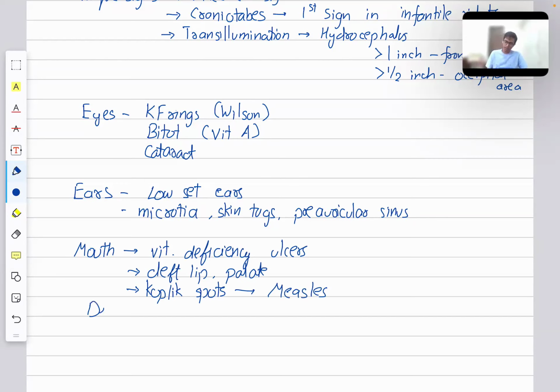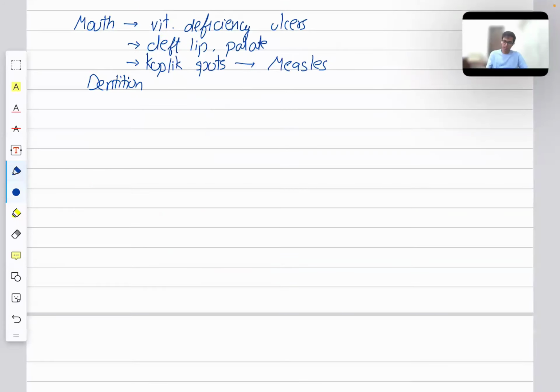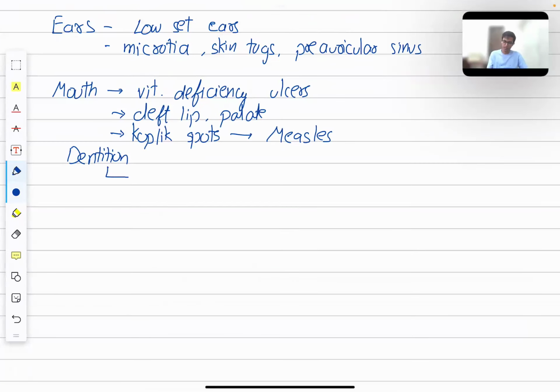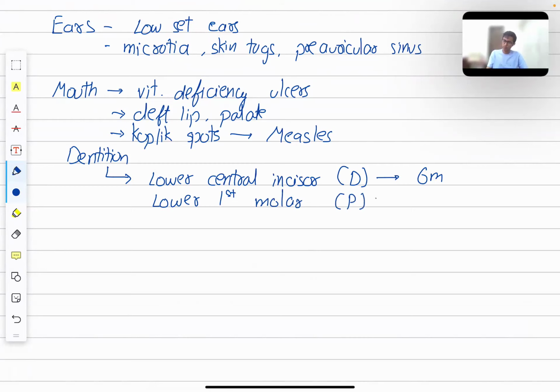A fact about dentition may be asked: which is the first deciduous tooth to erupt? It is the lower central incisor, the first deciduous tooth to erupt at 6 months of age, and the lower first molar is the first permanent tooth to erupt at 6 years of age.